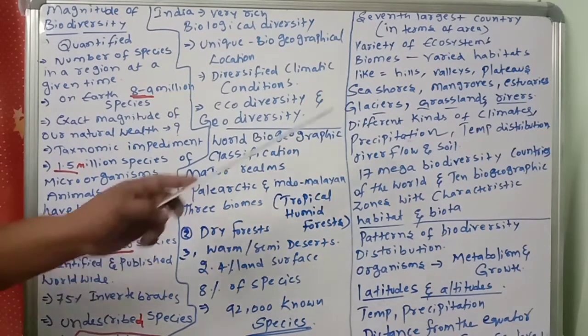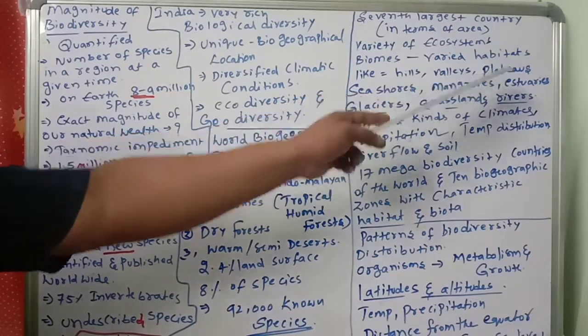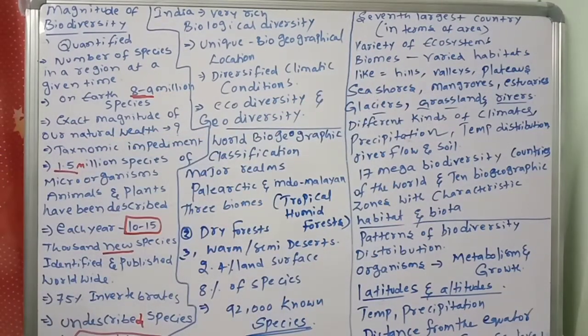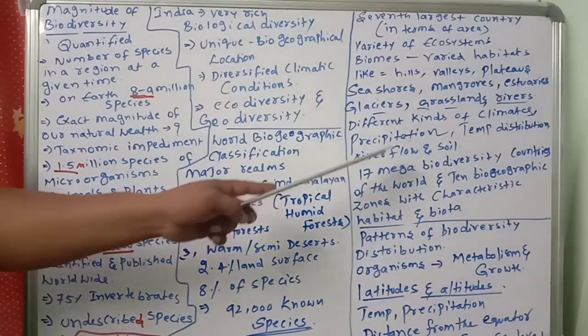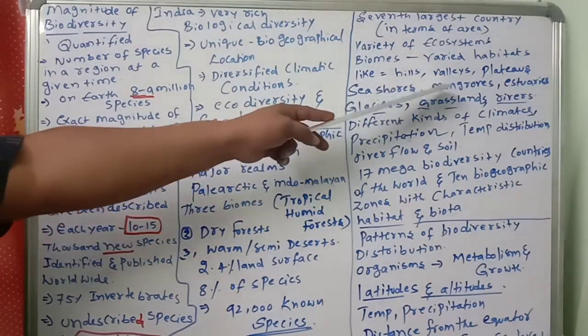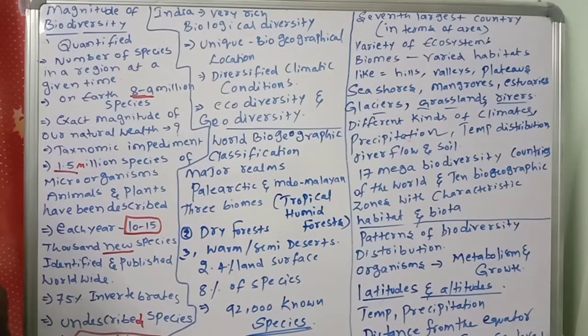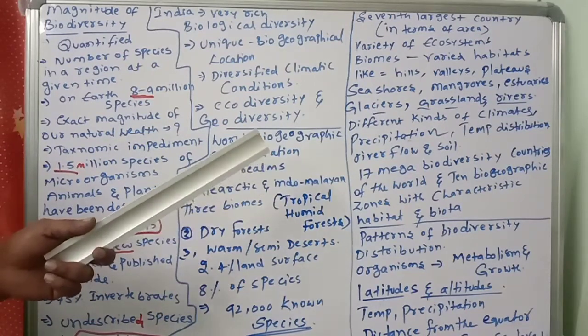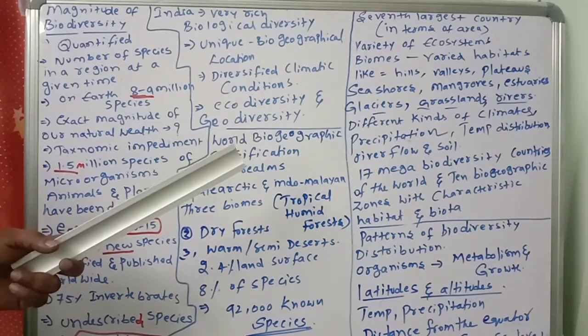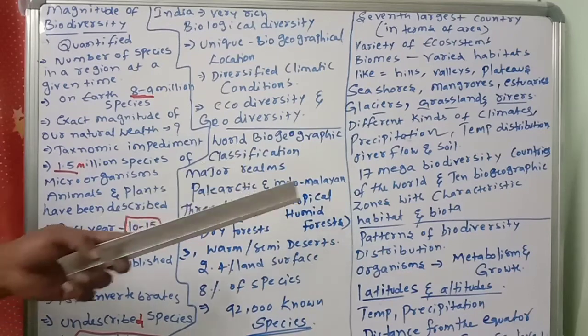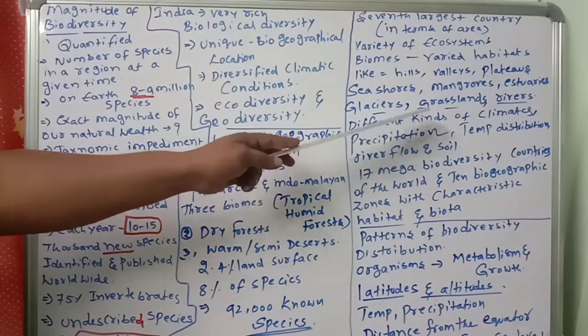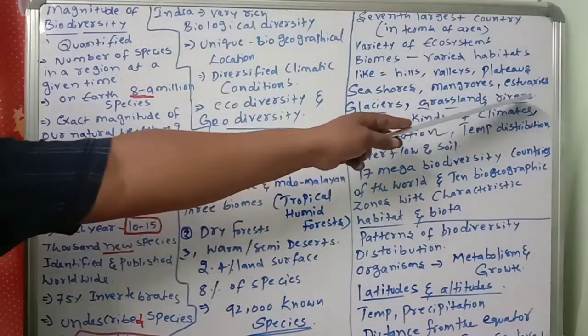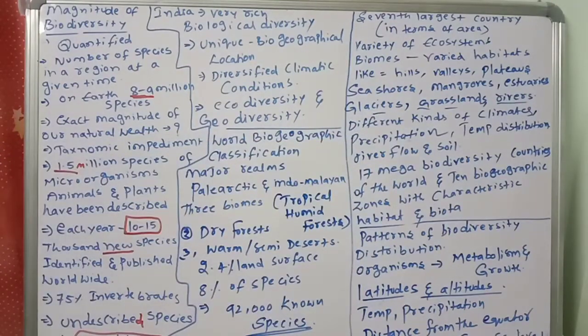Come on, like hills are there, valleys are there, plateaus are there. Okay, very important things. Seashores are there. Mangroves are there. Estuaries are there. Glaciers are there. Grasslands and river basins are there.